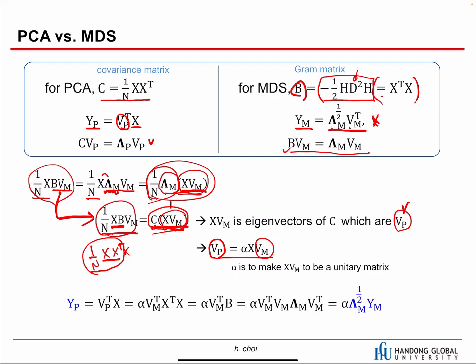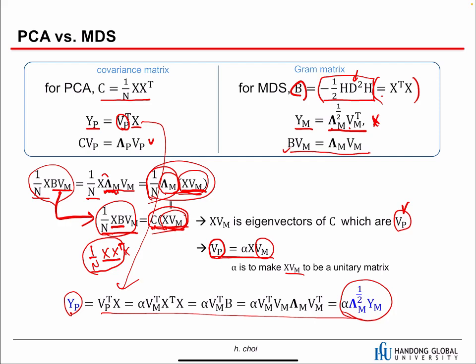Alpha is to make this one a unitary matrix. If we use this equation, then we can make a transition from y_p to y_m. Look at this one. y_p is coming from here, and then we use these equations, etc.